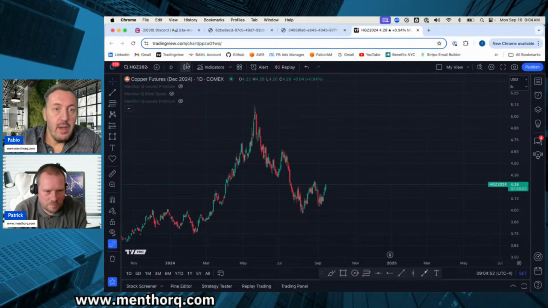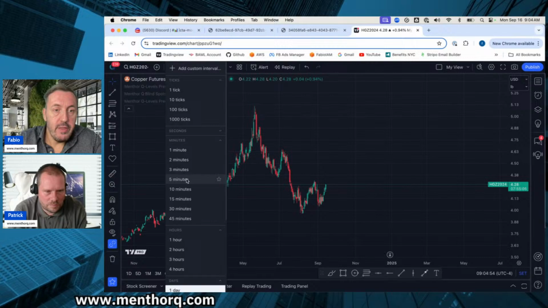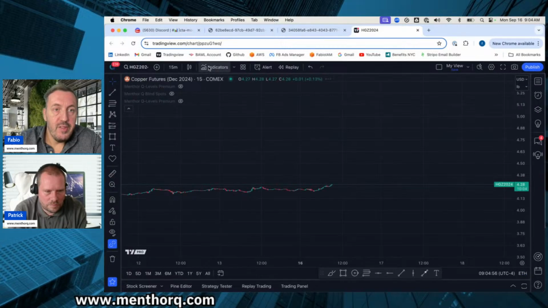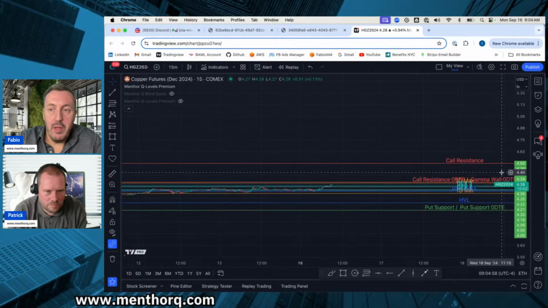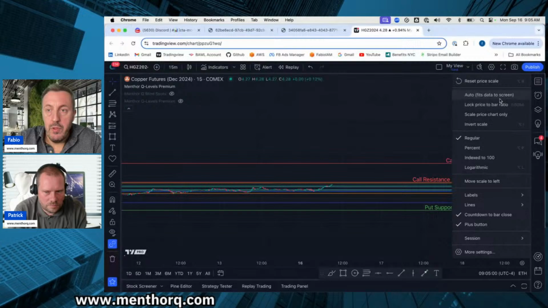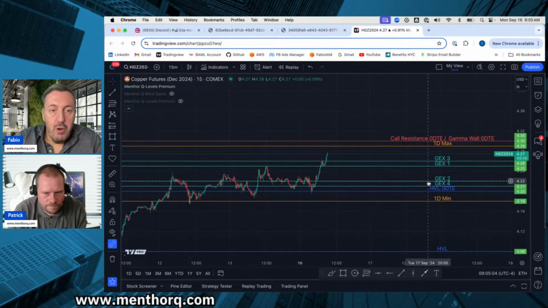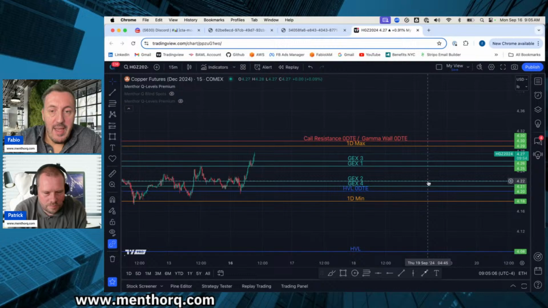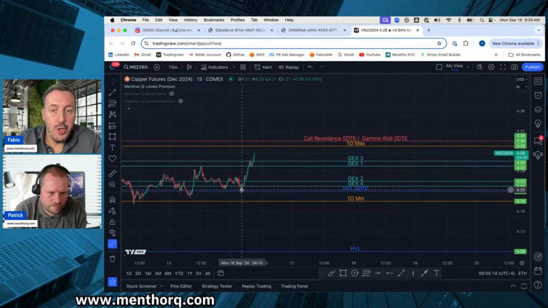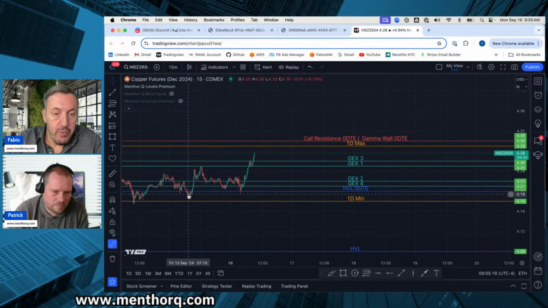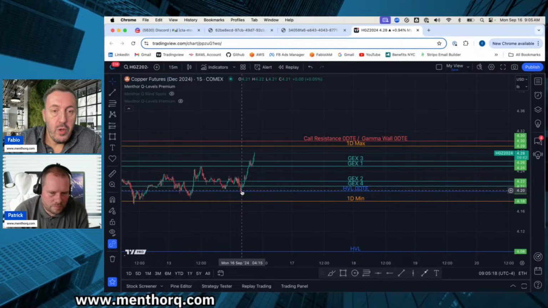Then we can look at the levels. We can move to our intraday chart. Let's do 15 minutes, and then we can start plotting the levels here. If we look at the levels from last night, we see a big move around the high vol level, 0 DTE. This has been a magnet for the session. Right here, we couldn't break down.